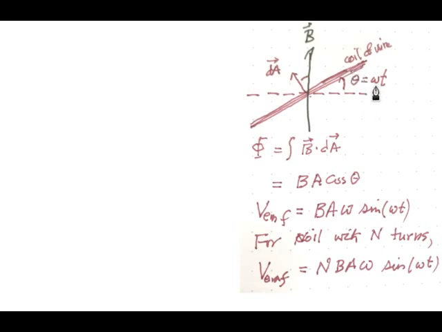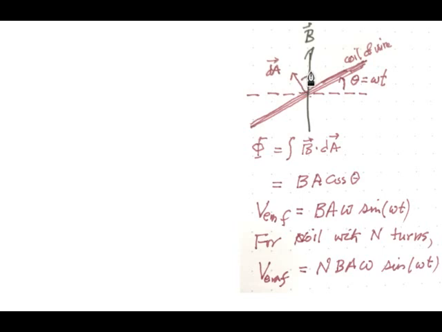Omega is the rotation rate, it'll have units of radians per second. It's the rate of rotation. Well, now dA is perpendicular to the coil.